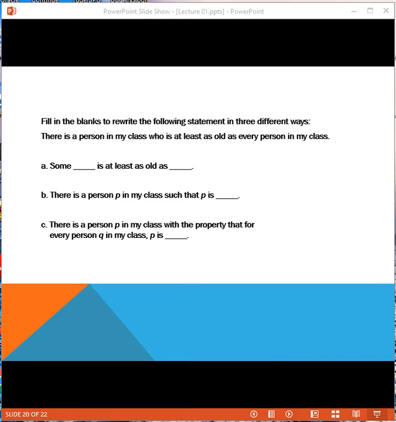And finally, we can rephrase it and say there is a person P in my class with the property that for every person Q in my class, P is at least as old as Q. Again, we've got every as our indicator for a universal.